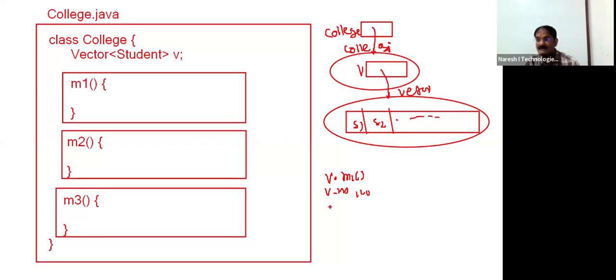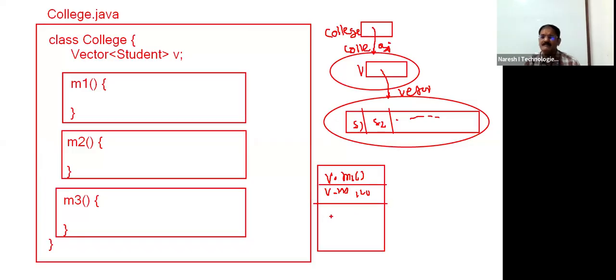Where am I calling the M1, M2, M3 methods? Inside threads, in the multi-threading chapter. Inside the main method or inside a custom thread's run method, I am calling vector.M1.